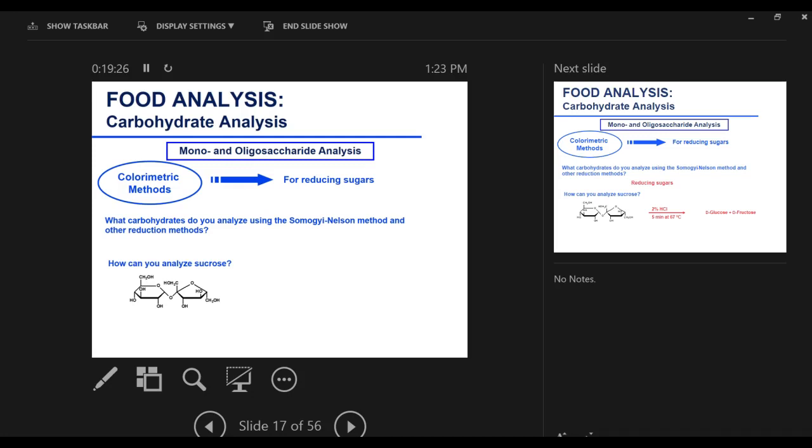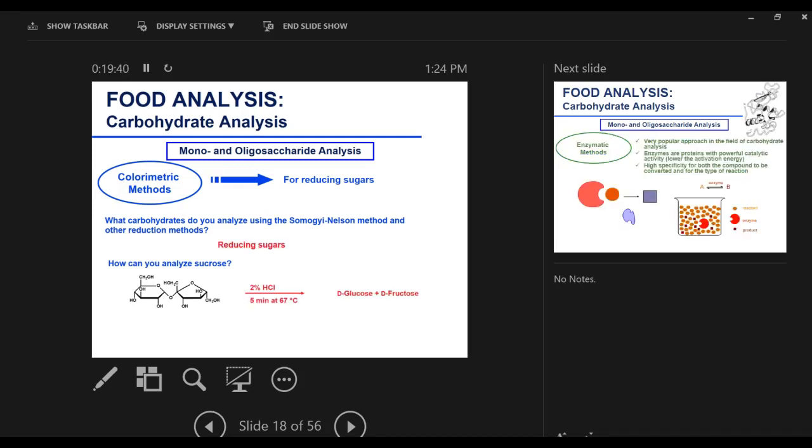Glucose and fructose, right? Are they individually reducing sugars? Yeah, they are. So hit it with an acid. You digest the sample with an acid, with a little bit of heat, and you break that glycosidic bond. When you break the glycosidic bond, you release glucose and fructose, and you can use these methods to determine the concentration.